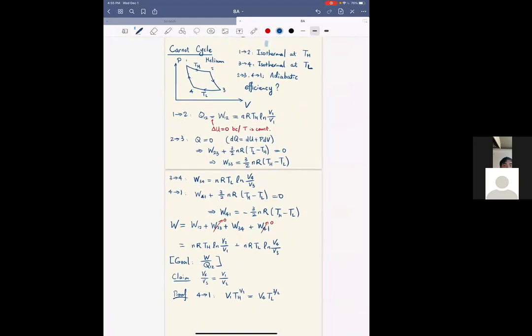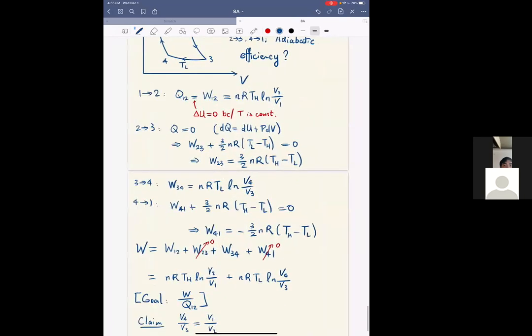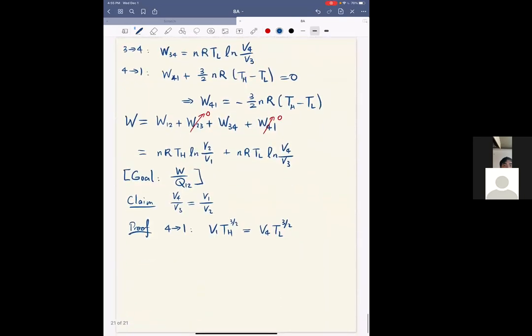Sorry, the connection doesn't seem great. We look at the PV diagram over the top and see that this is indeed V1 TH to the 3/2 equals V4 TL to the 3/2. That's correct. And that just implies V1 over V4 equals T low 3/2 over T high 3/2.